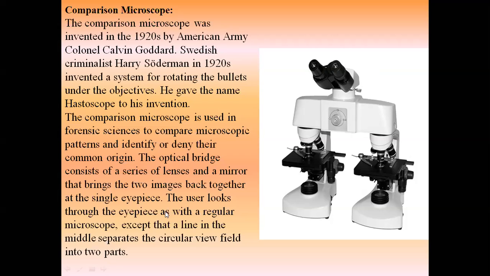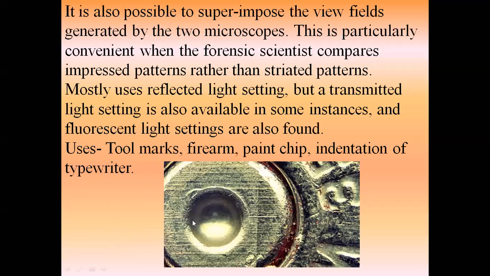So the user looks through the eyepiece as with a regular microscope, except that a line in the middle separates the circular view field into two parts, right? So as a result, you will get this kind of image.